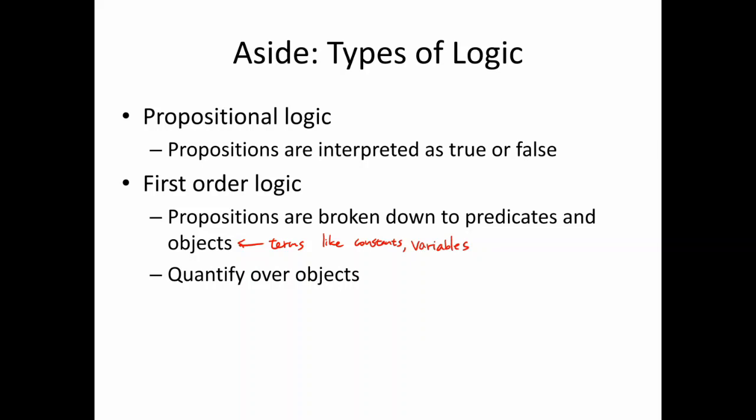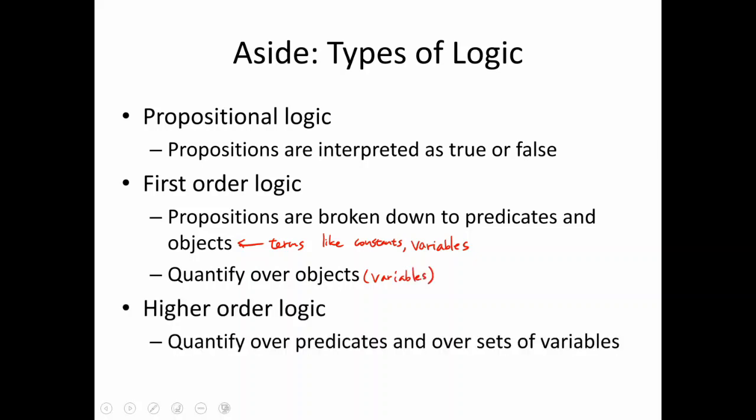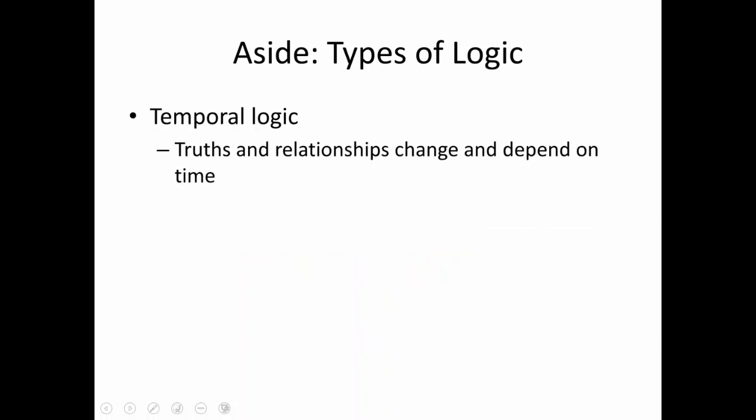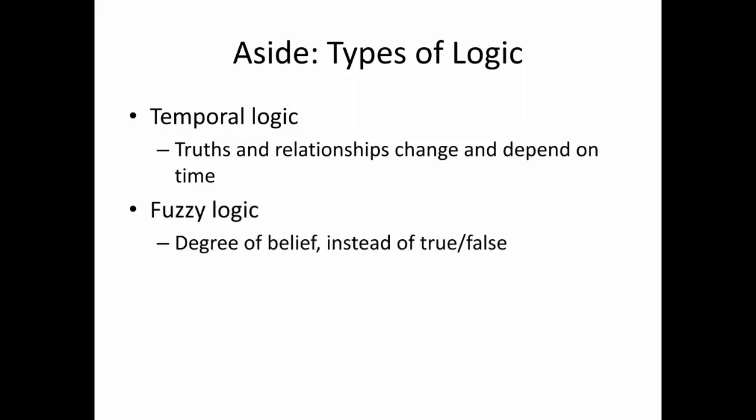And then you quantify over variables. In higher order logic, you can quantify over predicates and sets of variables. And you also have things like temporal logic, where the truth values depend on time, and fuzzy logic, where there are degrees of truthfulness.